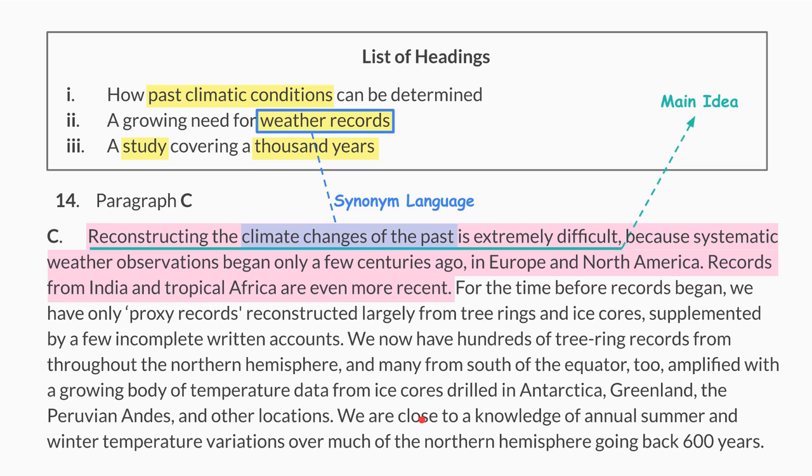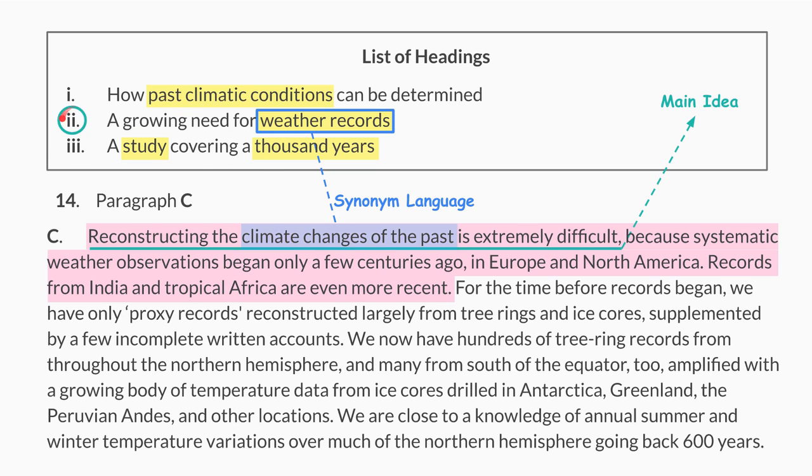So what it's really talking about is how we have a growing need for weather records, because if we can gather more records, then we will have a complete knowledge. Right now, we don't have complete knowledge. We are close, but our data is very recent. So that's why we need more data.